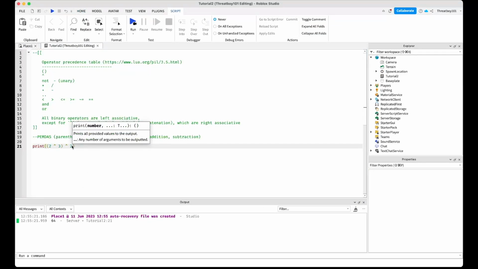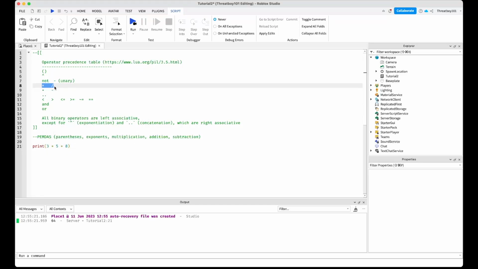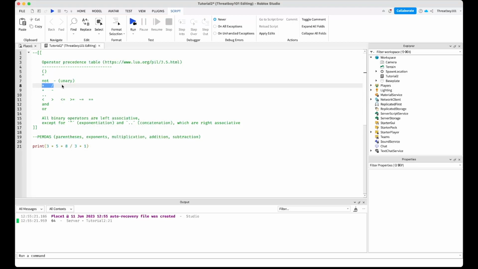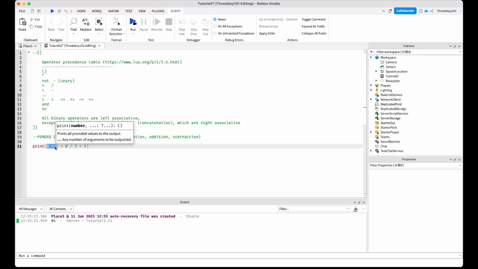And I should also say that associativity doesn't only apply when you have the same operator chained together. It's when you have operators of the same precedence chained together. For example, multiplication and division have the same precedence. And so it's like, okay, what will happen first? Well, associativity tells us that these operators are left associative, so that would mean that we would go from left to right. So the multiplication will happen.